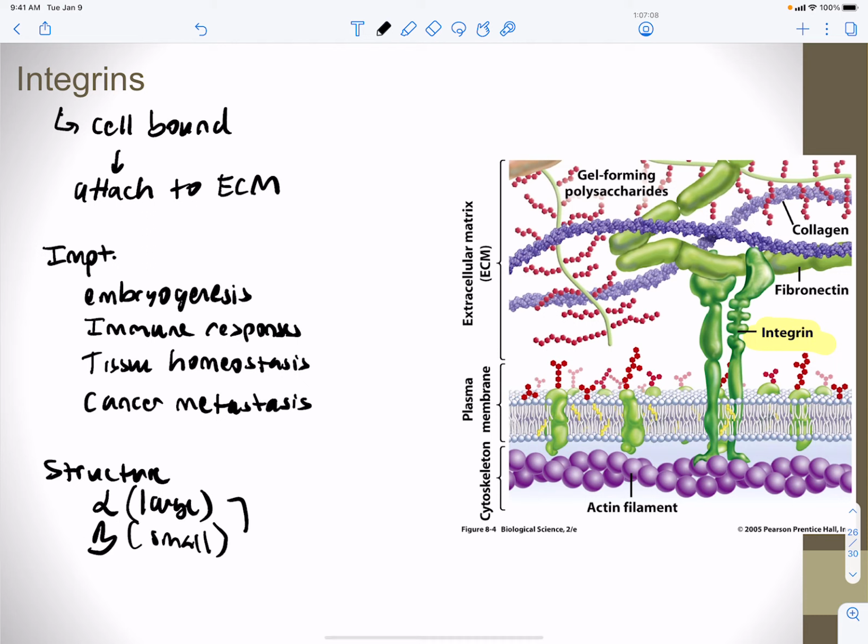They're going to be subunits. The alpha subunit is what's going to determine the specificity. So alpha is what will bind to the laminin, for example, or whatever it's going to bind to, but it's specific for that.